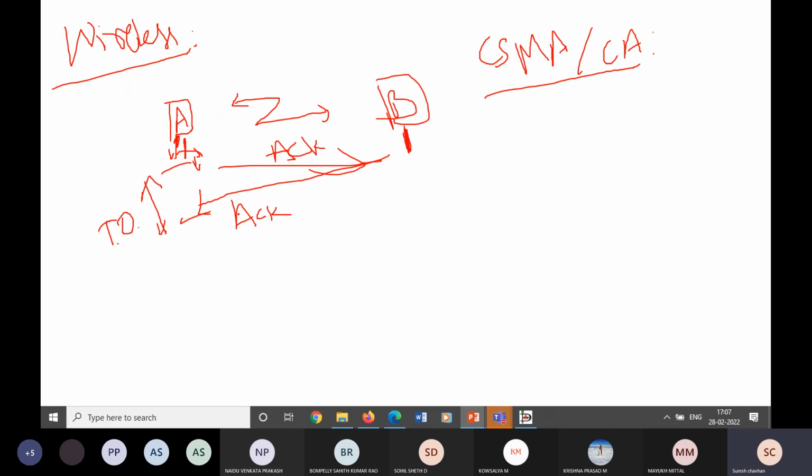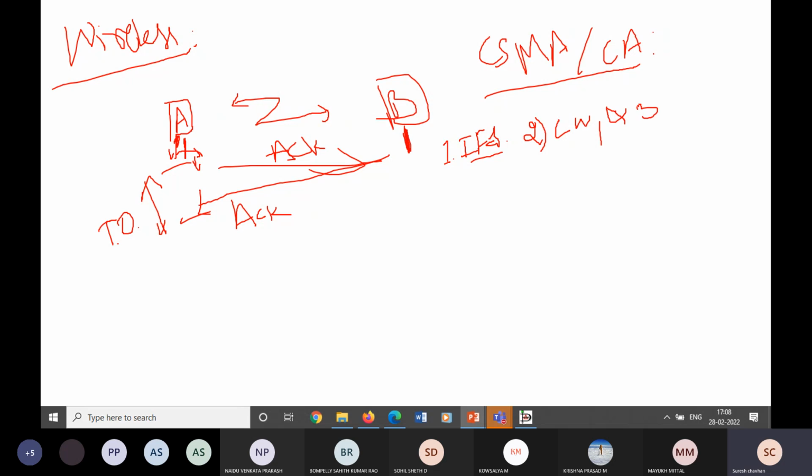In the wireless medium, we can avoid the collision using three main strategies. One is the interframe space, IFS. The second strategy is the contention window.